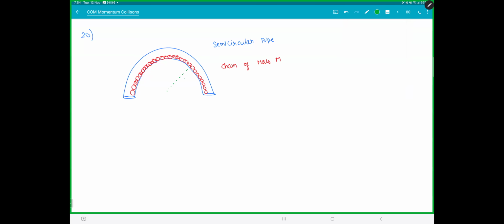The radius is r. Then someone gently disturbed it, just maybe gently touched it, and then what happened? The chain started coming out. The entire chain came out. So the question is, find the speed of the chain.